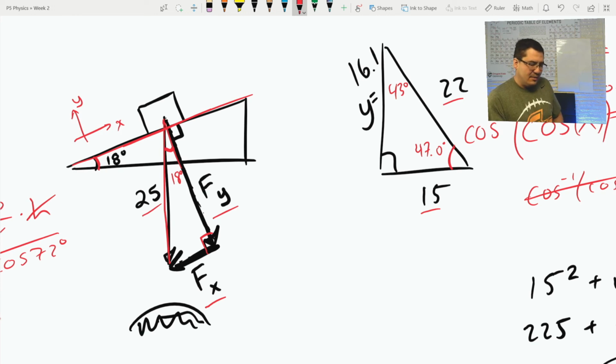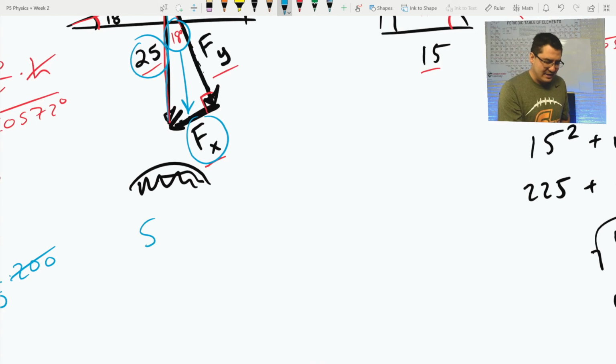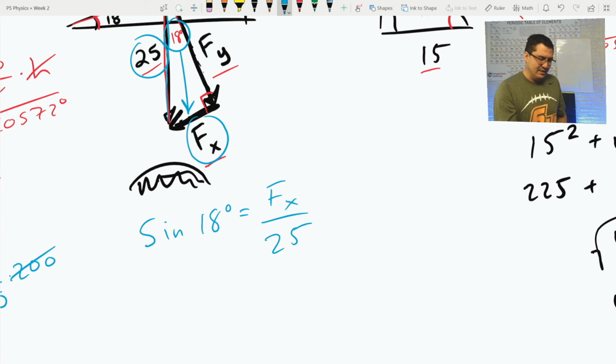So we can look at this. I'm going to try and circle the three things. Let's do this and this. If I look, this is the opposite side, and this is the hypotenuse. So I'm going to use sine. I can say the sine of 18 degrees is equal to the opposite side over 25. And I can solve for Fx, the force in the x direction, which would be 25 sine 18.